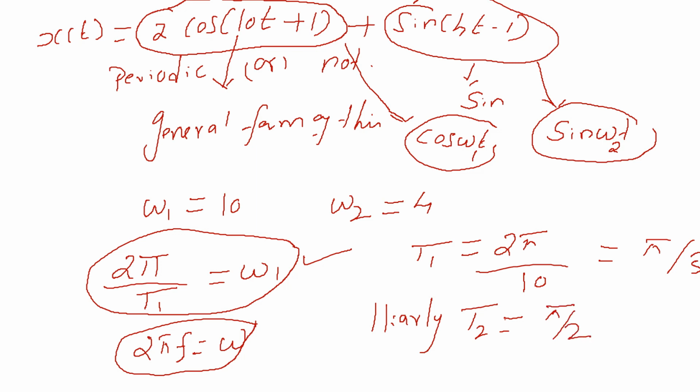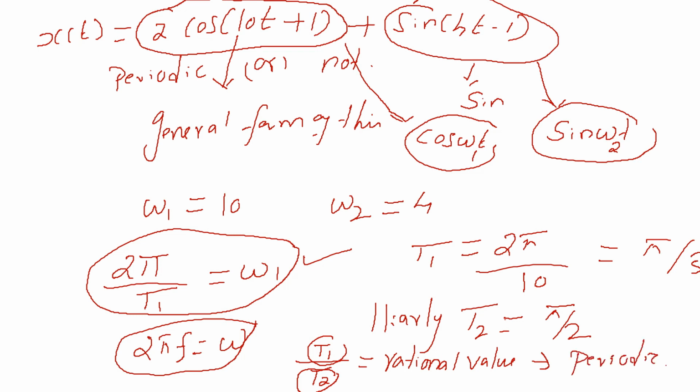So what is the condition to check if the given signal is periodic or not? You can refer to yesterday's problem, one kind of problem we did, the fourth problem I believe. I don't remember it correctly, but yesterday we were solving that one. It clearly says that if the ratio between these two periods, t1 by t2, the periods of signal 1 and signal 2, is a rational value, then that particular signal is periodic.